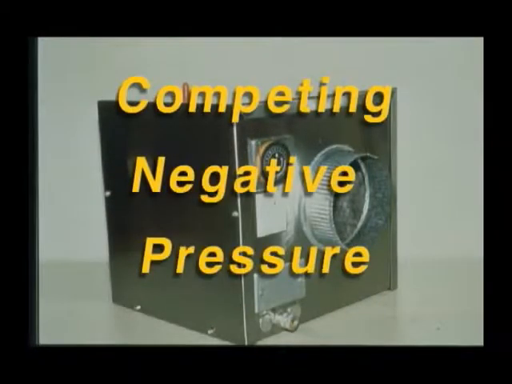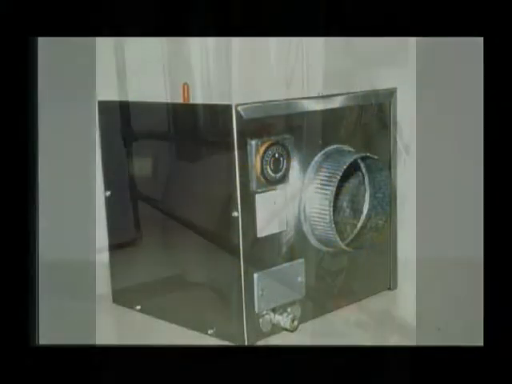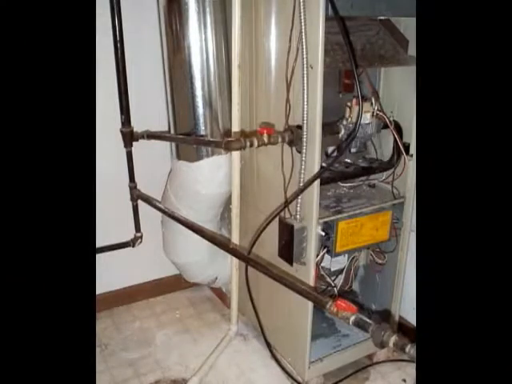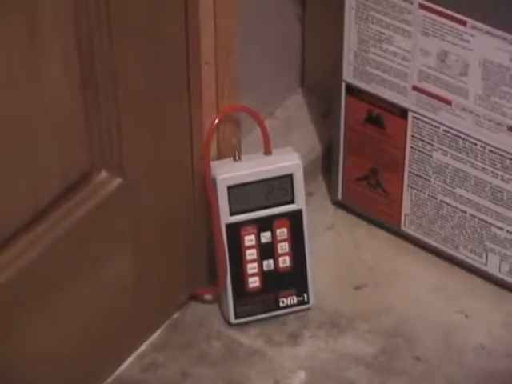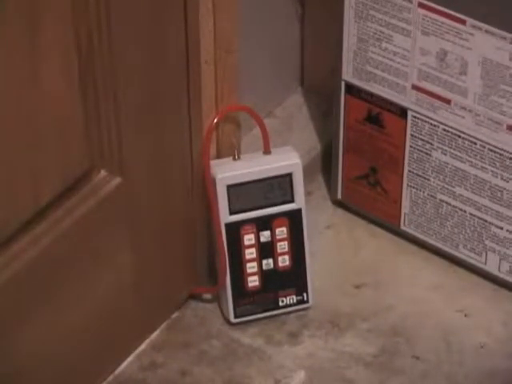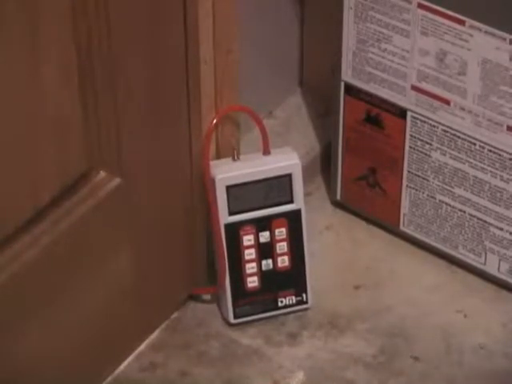And last, but certainly not least, competing negative pressure. Category 1 appliances are designed to operate in an environment that has a neutral air pressure. A negative air pressure in the combustion appliance zone, or CAZ, relative to atmosphere will weaken or even completely reverse the chimney draft.